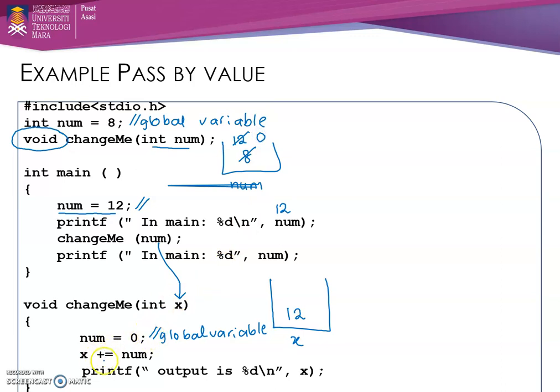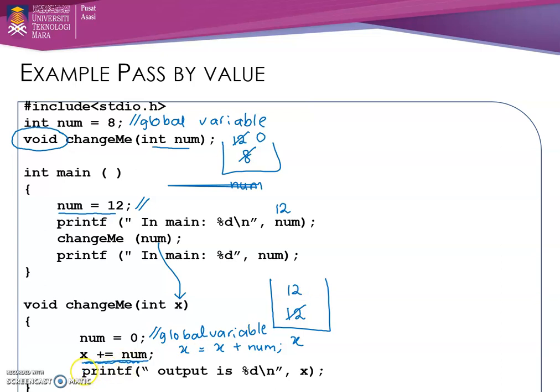Now what you have to do is replace x with a new value, which is x equal to x plus num. So x is 12 and num is 0, so the current value of x is 12.